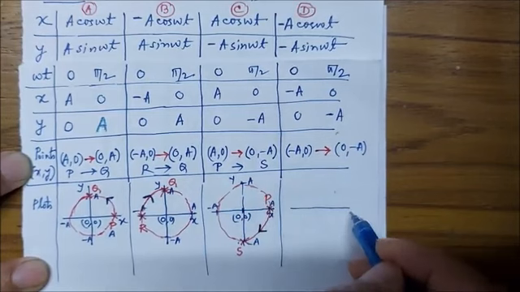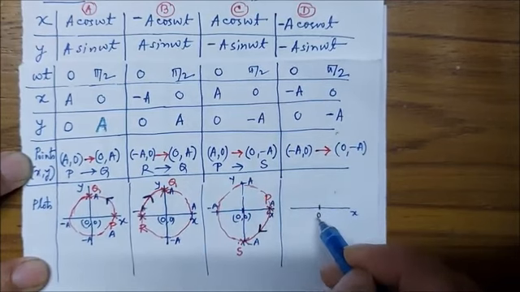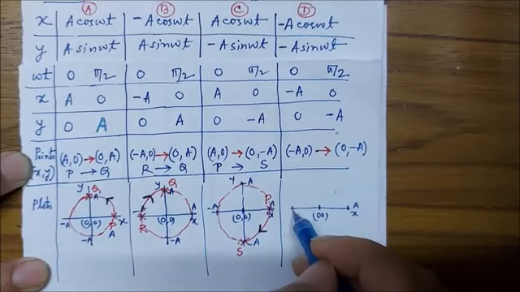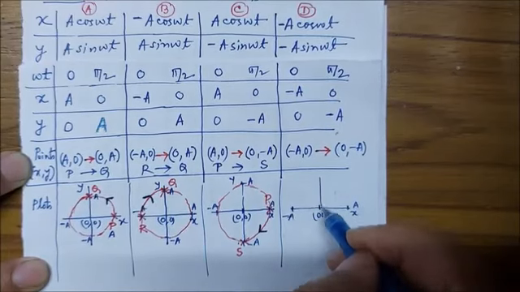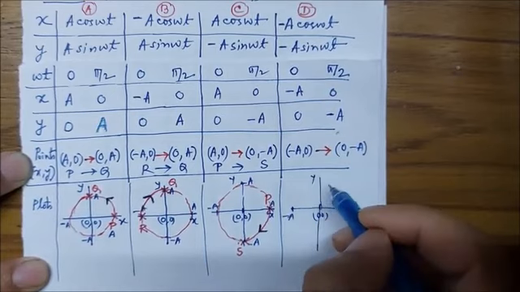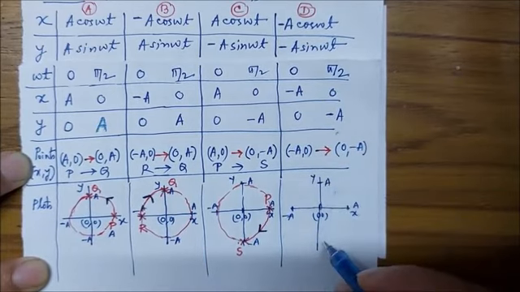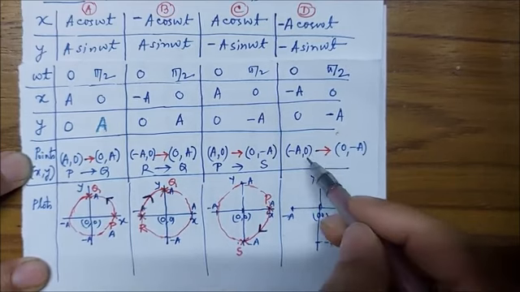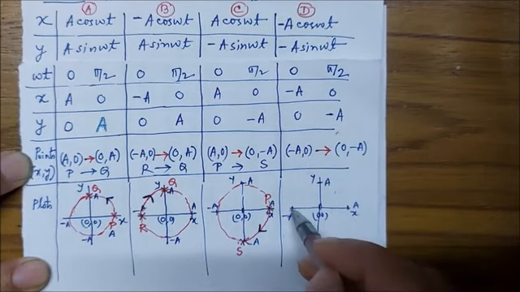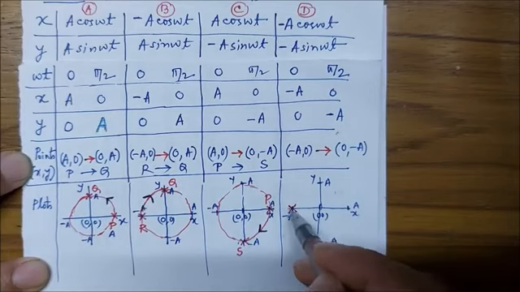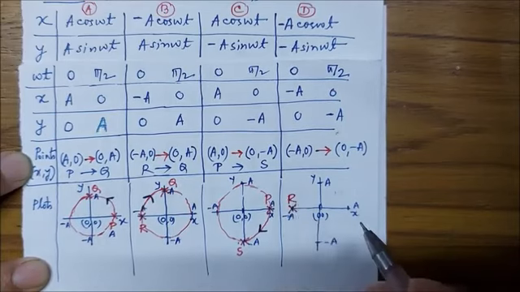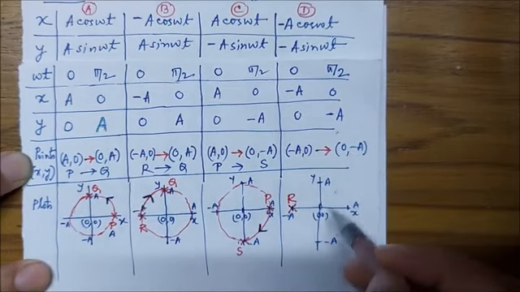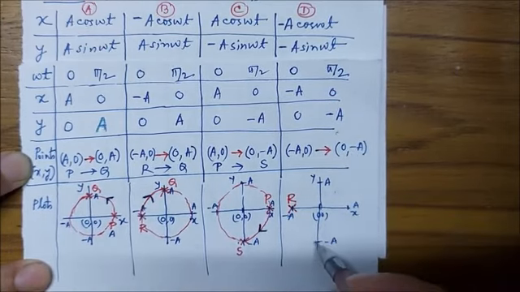So let us plot as before. This is the x-axis, this is the origin, this is plus a along the x-axis, minus a along the x-axis. This is the y-axis, plus a along y and minus a along y, and (minus a, 0) is minus a along x and 0 along y. So we are at a point which we named R, and from here we have to move to (0, minus a), that is 0 along x and minus a along y.